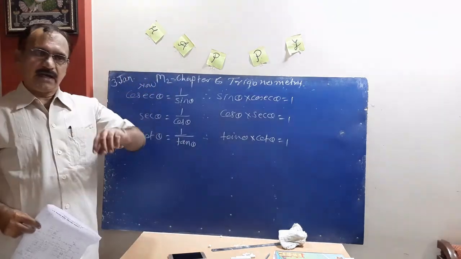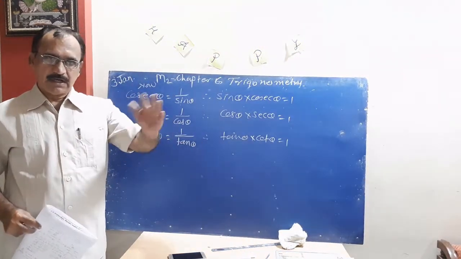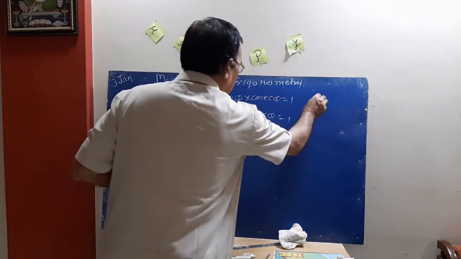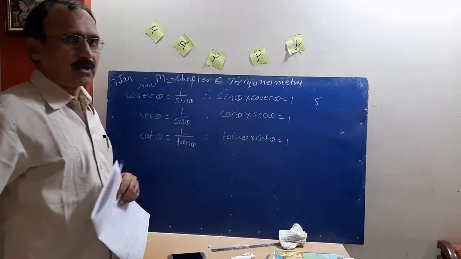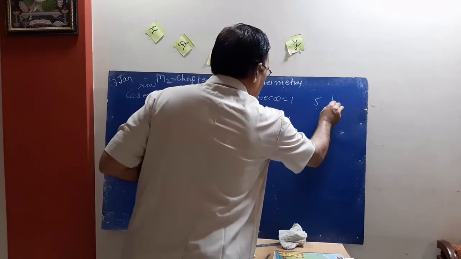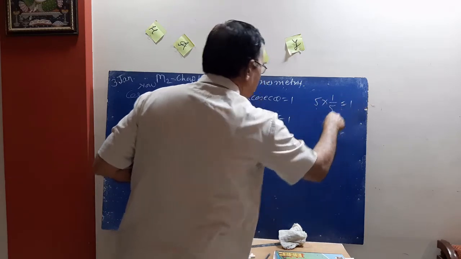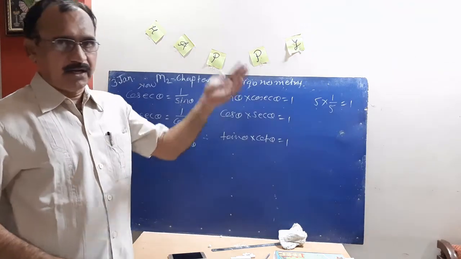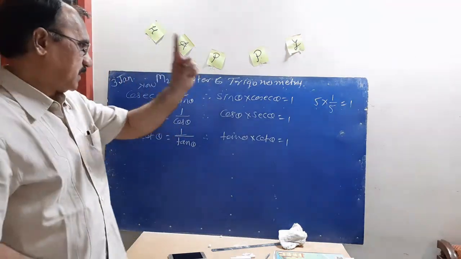A number and its reciprocal, the multiplication of these two numbers is 1. Suppose this is the number 5, any natural number; the reciprocal of 5 is 1 upon 5, and the multiplication of these two numbers is 1. Means the multiplication of a number and its reciprocal is 1.